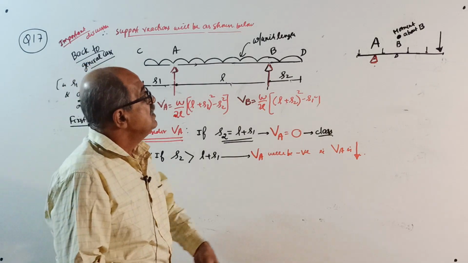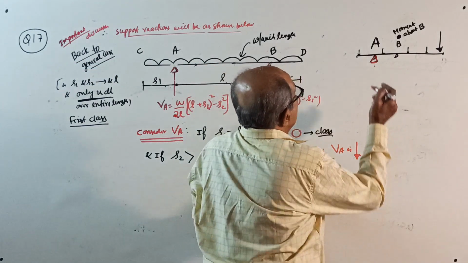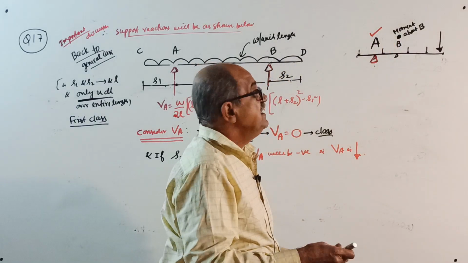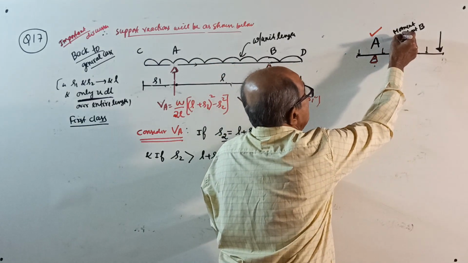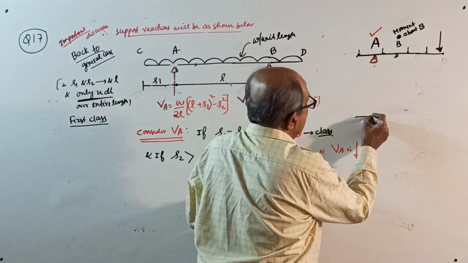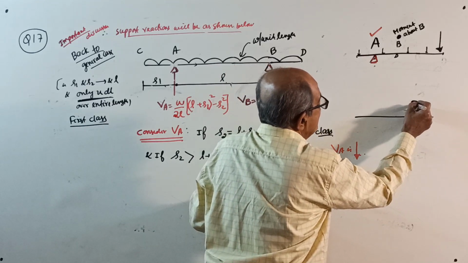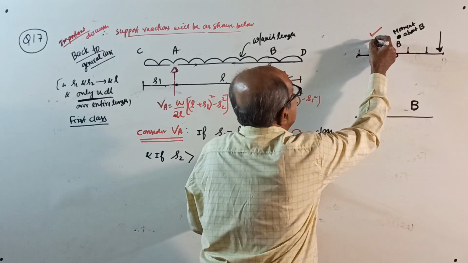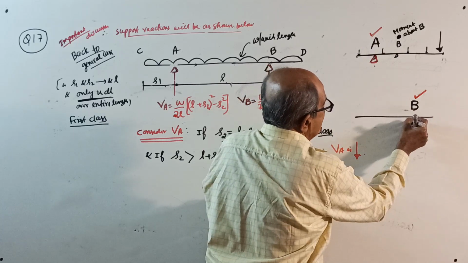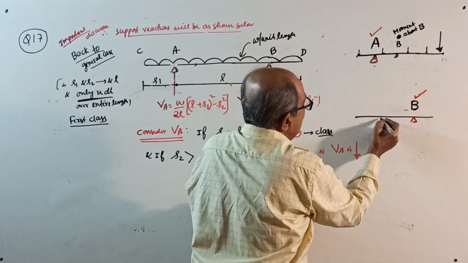See now, you consider VA, point A. If you are considering A, moment should be about B. Same way, if you are considering B, this support, this reaction, then moment about A.